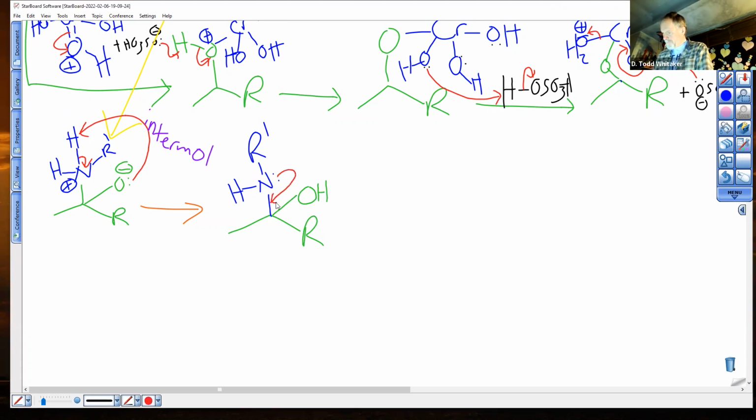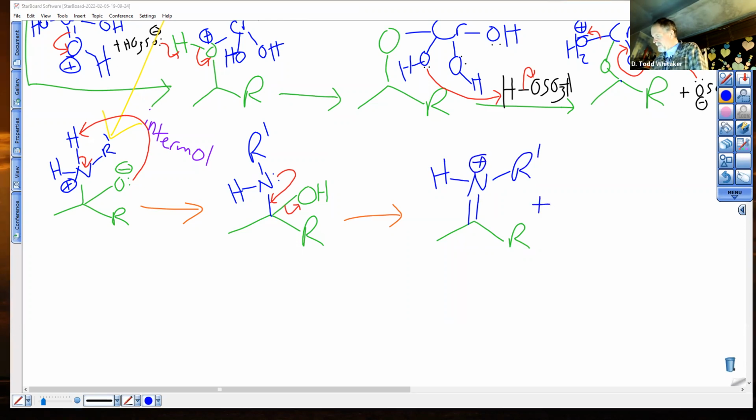They can push off bad leaving groups like hydroxide. One of the rare times where I wrote on the whiteboard in class, you may have remembered that. And there we go. We have the conjugate acid of an imine. Make it into an imine.